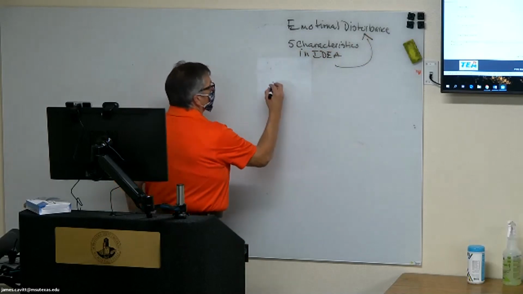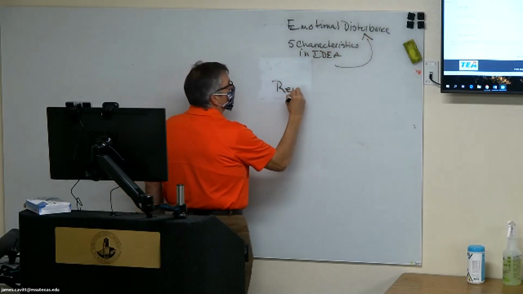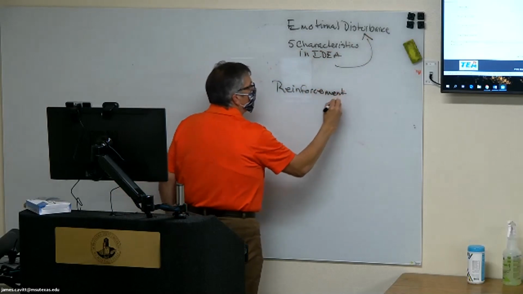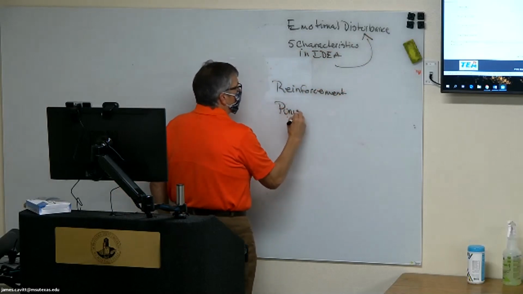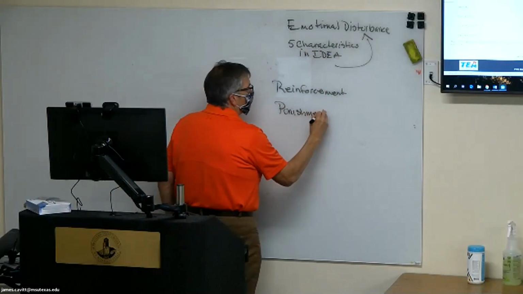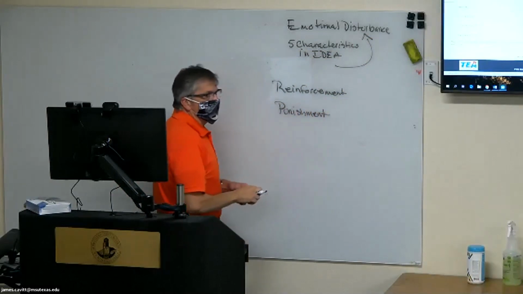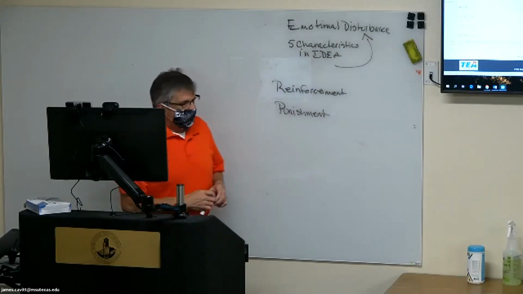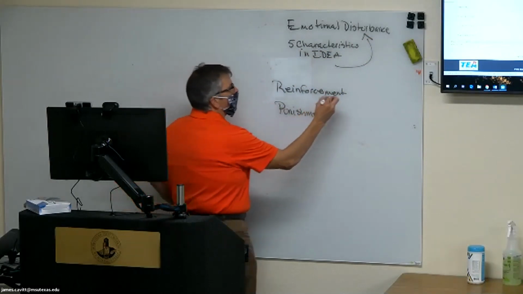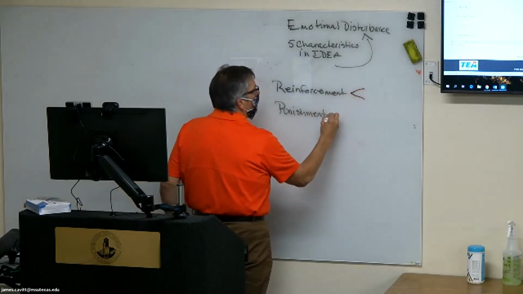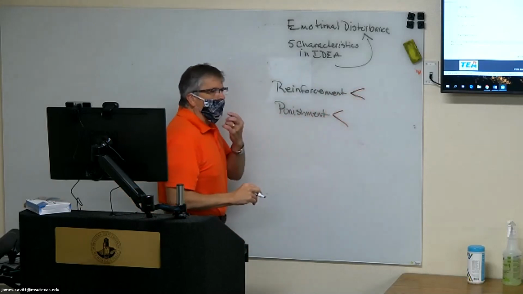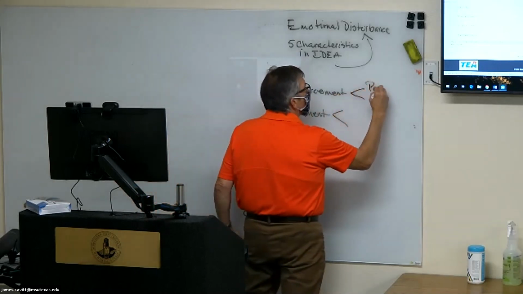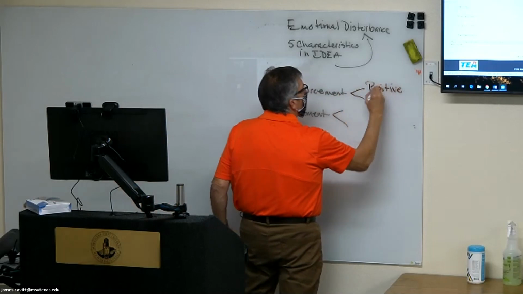Also, remember we talked about reinforcement and punishment. Remember that reinforcement and punishment both have a positive and a negative piece, or 2 pieces, positive and negative.